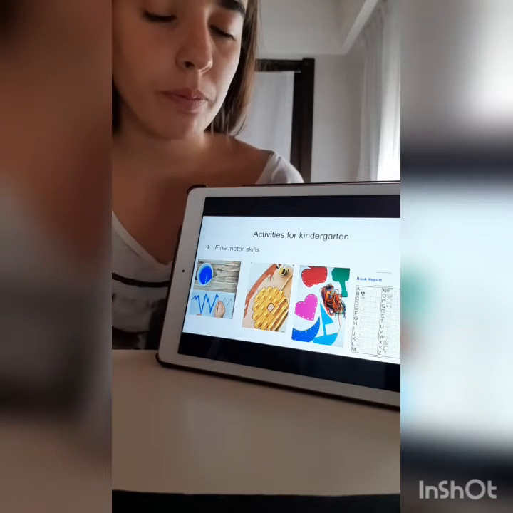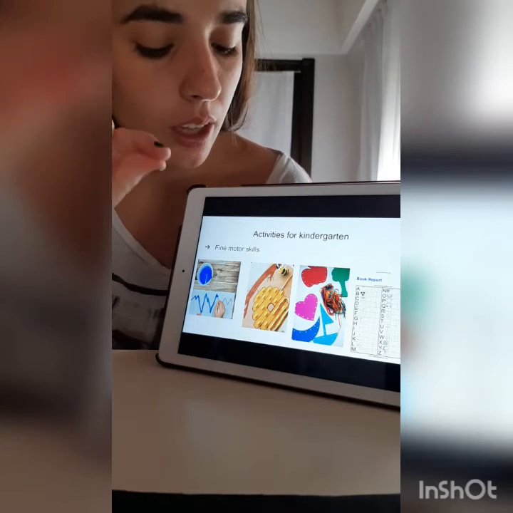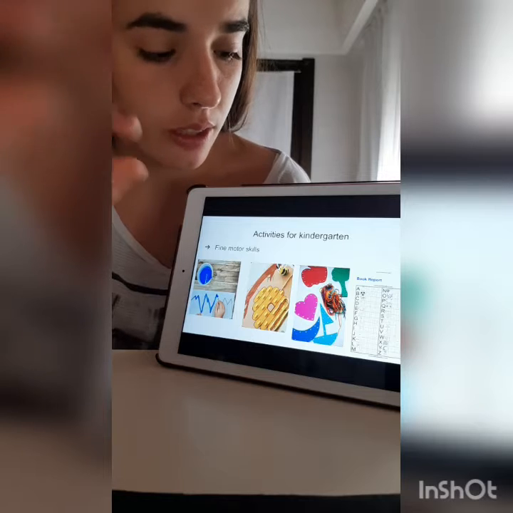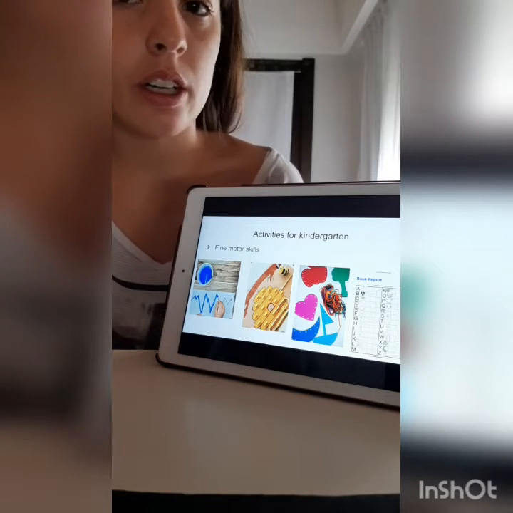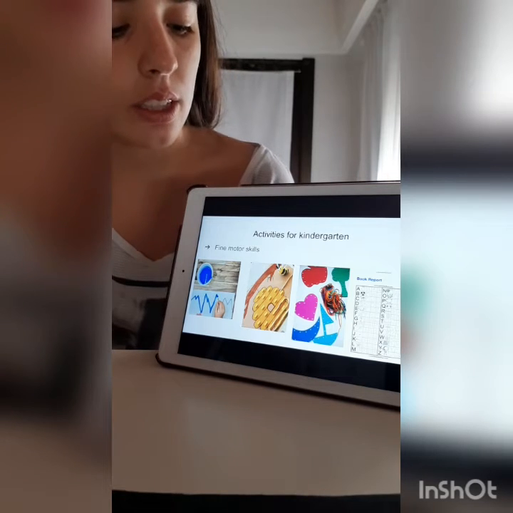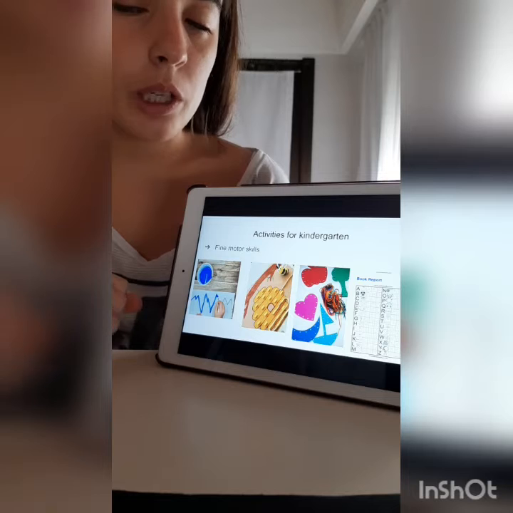We are going to hold it with the fingers. The fine motor skills.